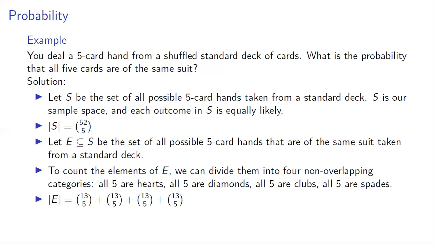So now it's easy to find the probability of the event. The probability of E, meaning the probability that when I take these 5 cards from the deck, all 5 will be of the same suit, is equal to the cardinality of E divided by the cardinality of S, which is 4 times 13 choose 5, since instead of adding them up 4 times, I can just multiply by 4, divided by 52 choose 5.